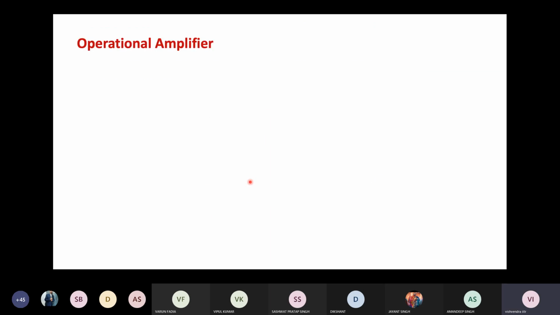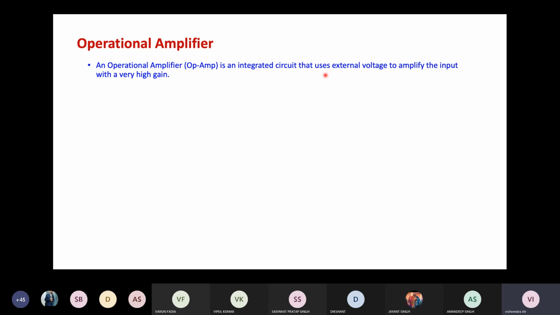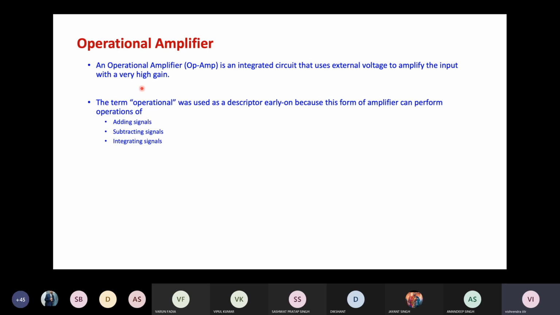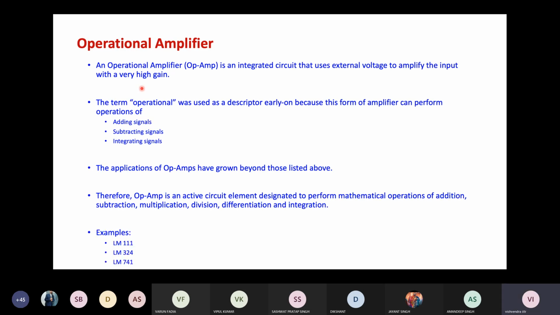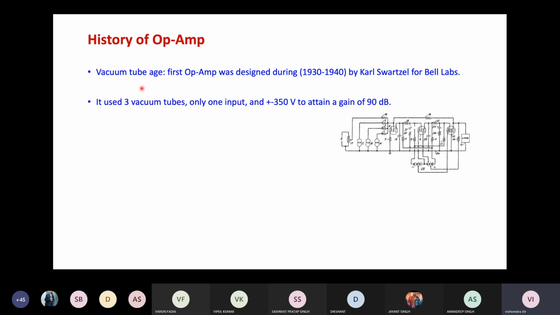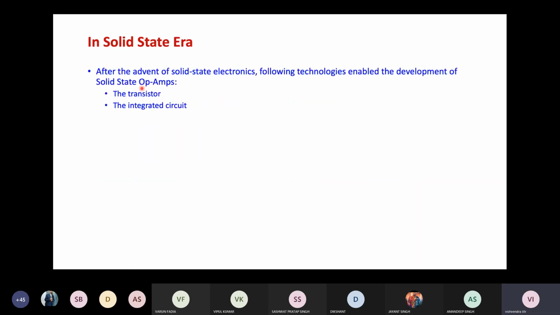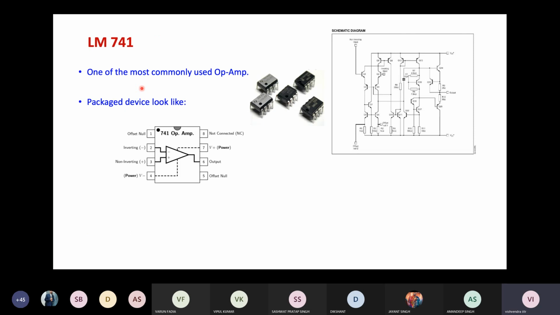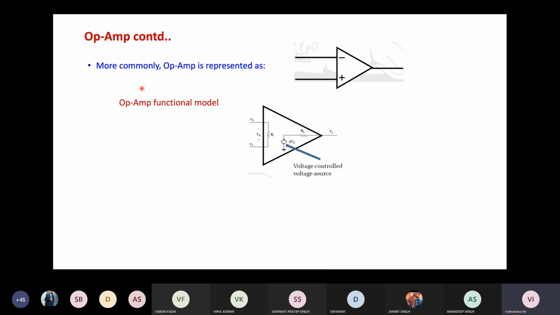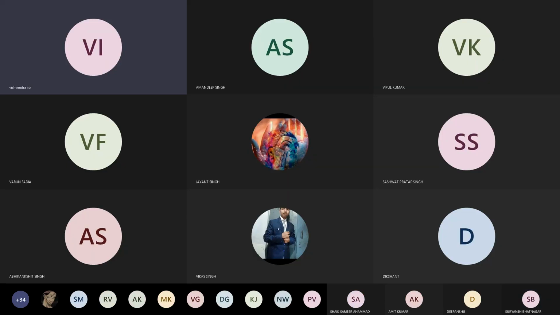And finally, op-amps, operational amplifiers. I would say these are more important electronic circuits. All the previous ones you can understand on your own, but op-amp we need to discuss properly. So maybe we'll take that up in the coming class. I hope we would be able to have one more class to discuss op-amp, because op-amp is an extremely important device.